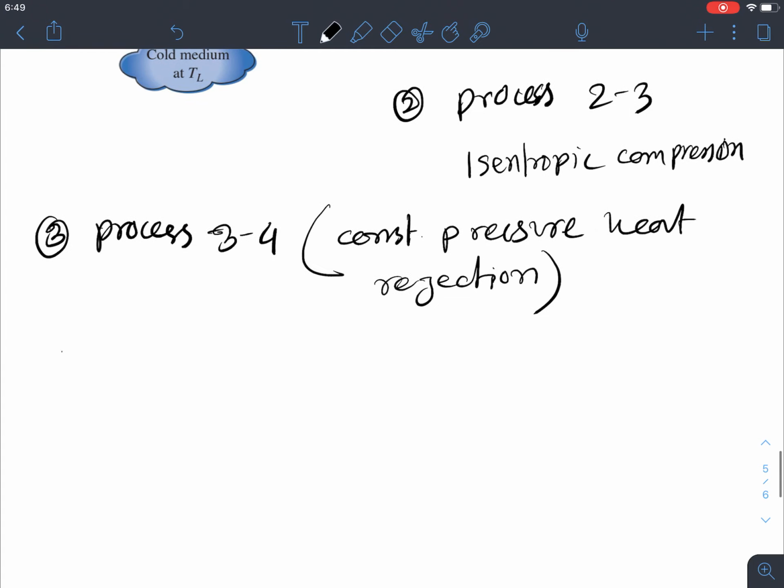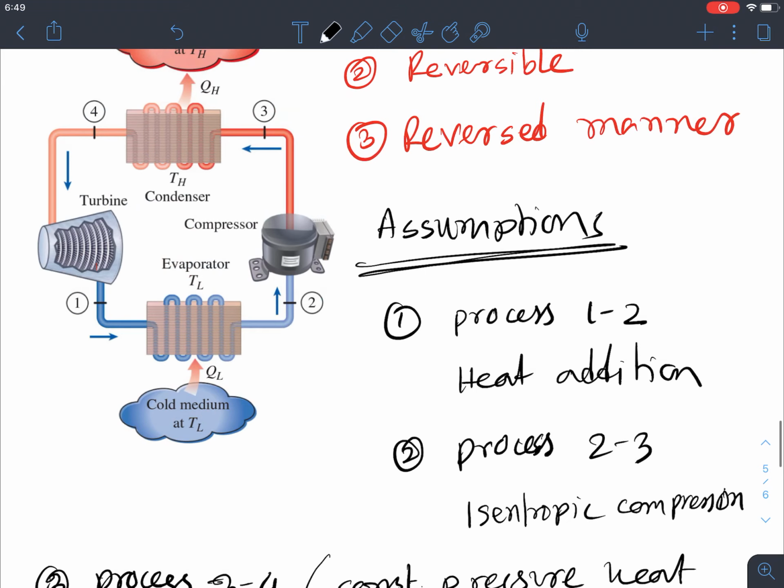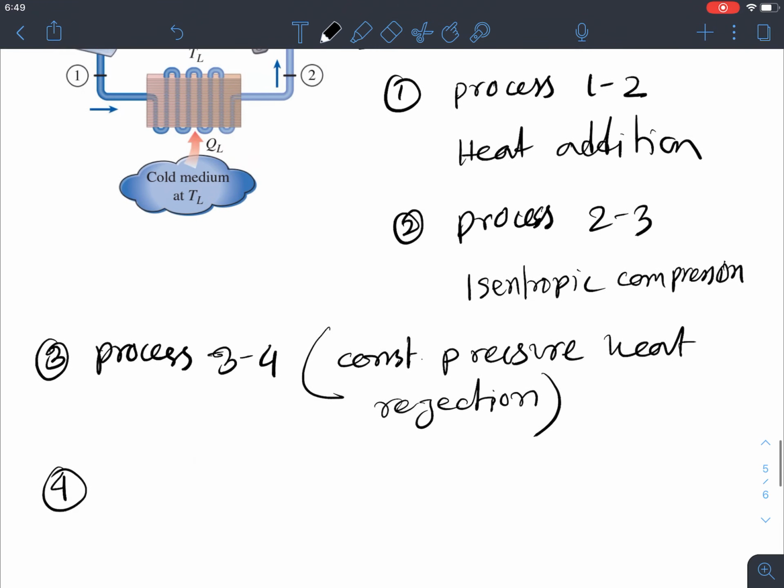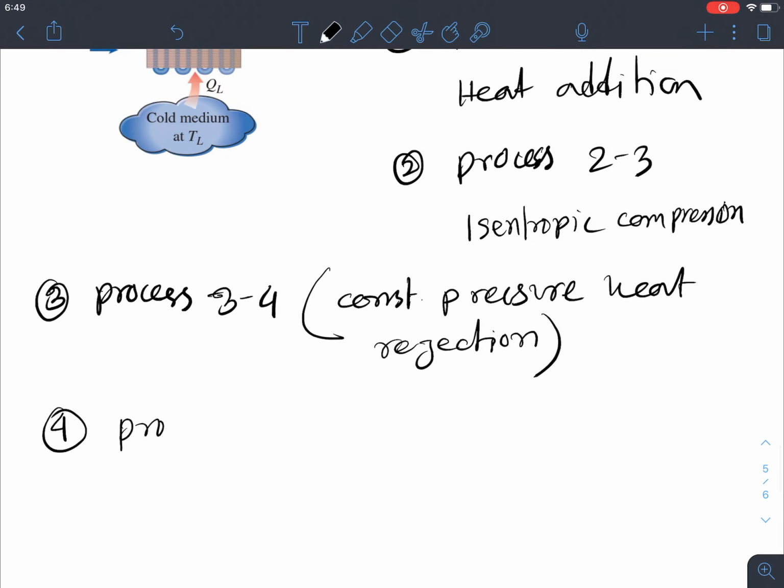Okay. And then process number 4 assumption, which is the turbine, right? Process 4 to 1, isentropic expansion.